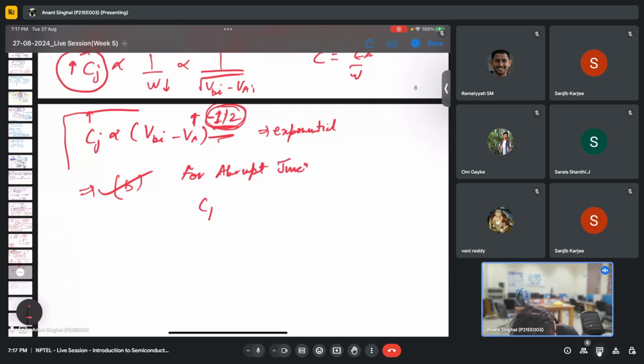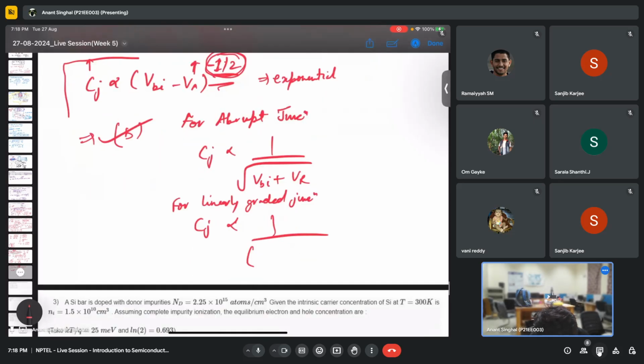For an abrupt p-n junction, Cj depends on 1 upon the square root of Vbi plus Vr, or Vbi minus Va, you can write. And there is one more case that has been taught in the theory, that is for linearly graded p-n junctions. I guess it is already taught. There Cj is proportional to (Vbi plus Vr) to the power minus 1 by 3.